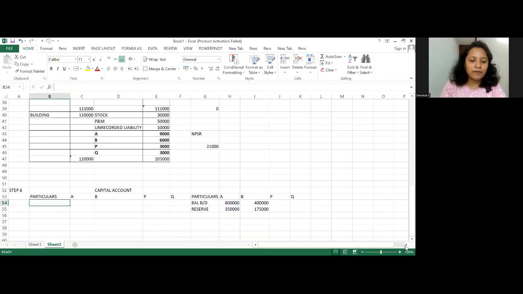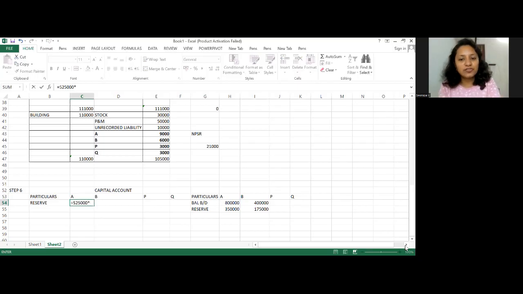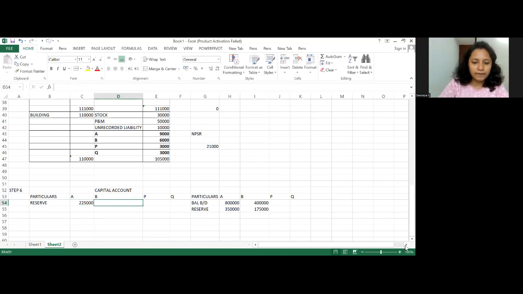Okay. Now they have told that the reserves are to be maintained. There should not be any change in the balance sheet. So again, we have to just make an adjustment. So first we are writing off the reserve in the old profit sharing ratio and bringing it back in the new profit sharing ratio. So the ultimate impact will be the adjustment of the respective part of P and Q to A and B in their capital account itself. 3 by 7, 2 by 7.